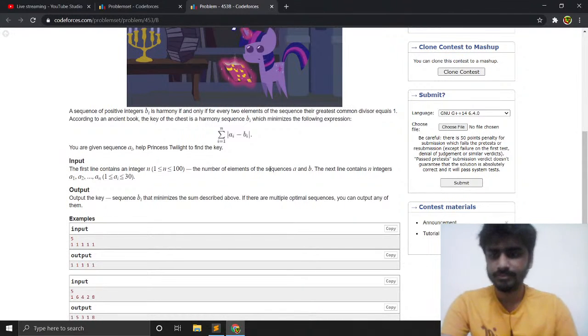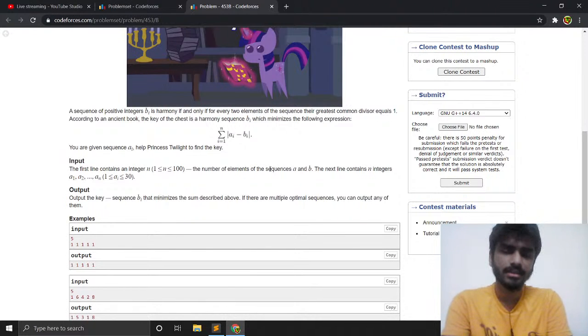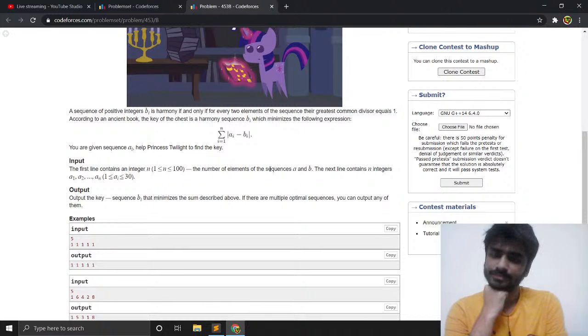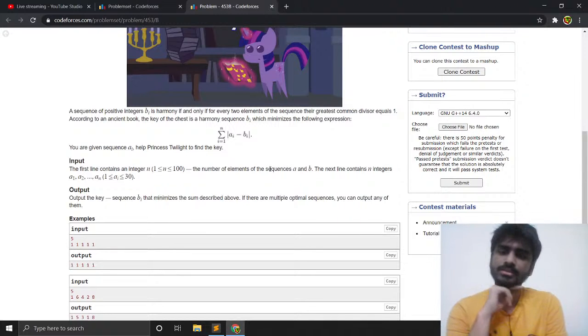Also, I can only take one element one time. I cannot take it more than once. These are the two observations that I have right now.